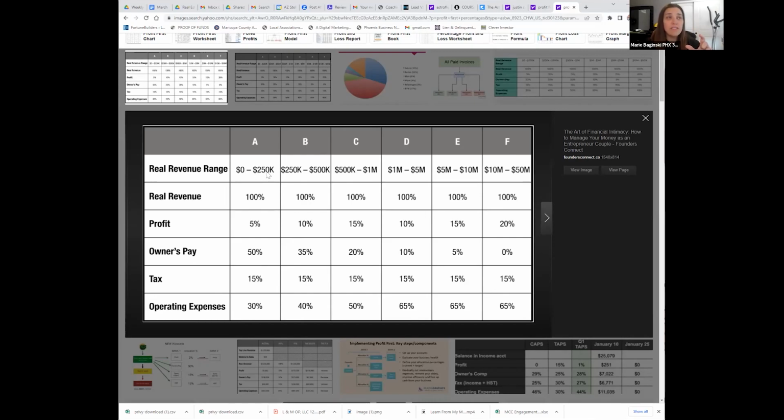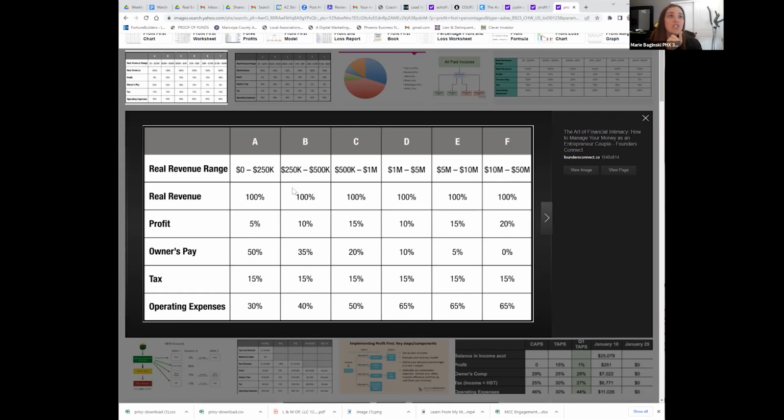If you're a small business and that's your only source of income, you want to compensate yourself with a little higher pay, but as the business makes more money, you can lower that percentage. I'm curious about the 0%. You must just pay yourself as an employee when you get over a $10 million business.